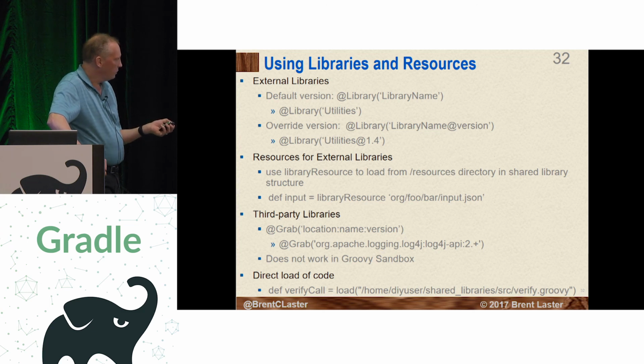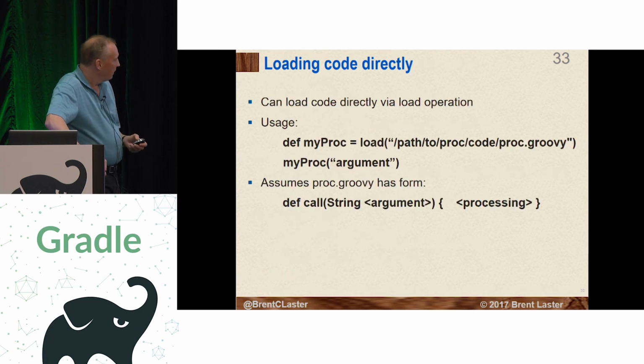The library resource goes out and allows you to grab things from that resources directory where I said you might have JSON files or data files out there. And then you can also access third-party libraries using the grab annotation to grab stuff out of there, if you're familiar with that. You can also load code directly in by using a load command if you have that plugin installed.